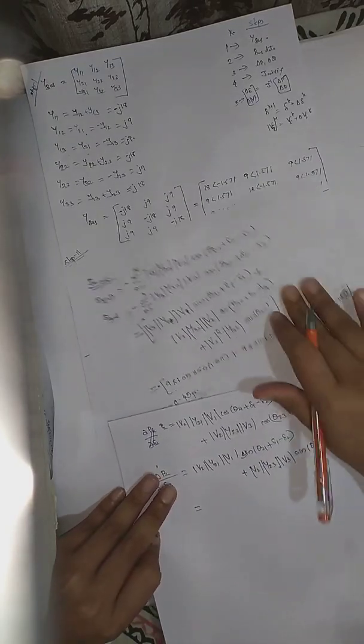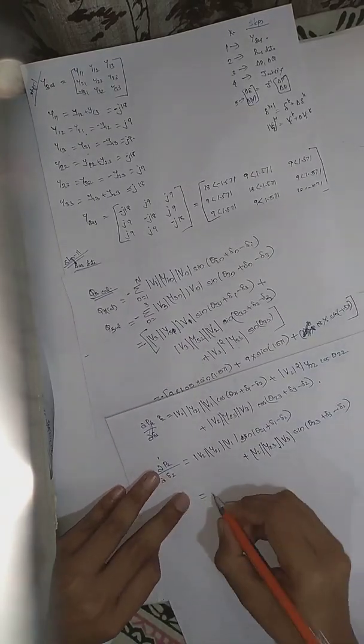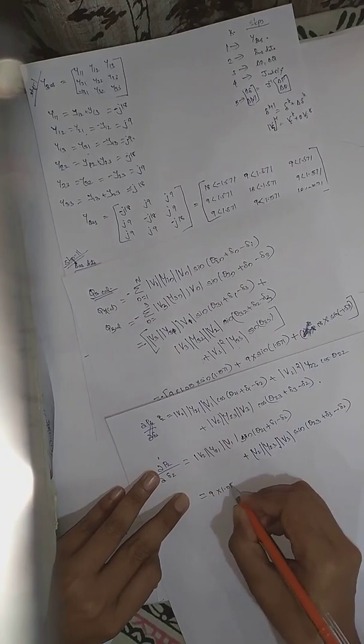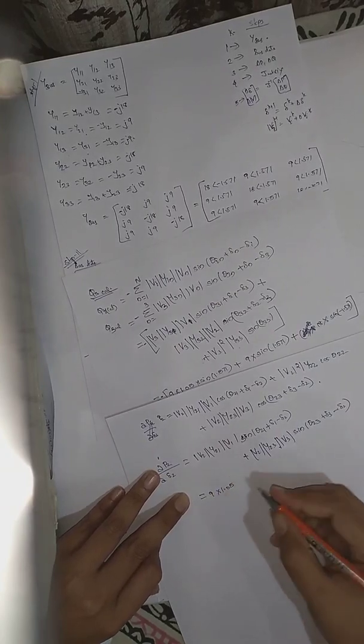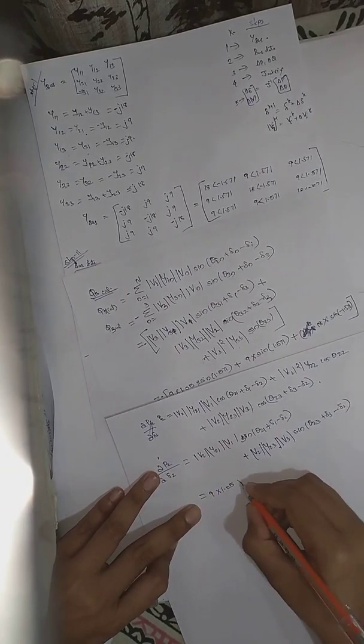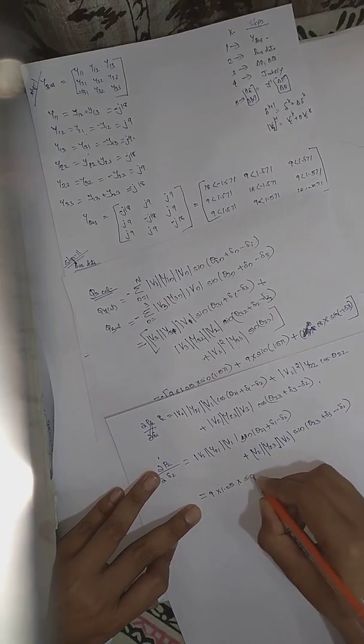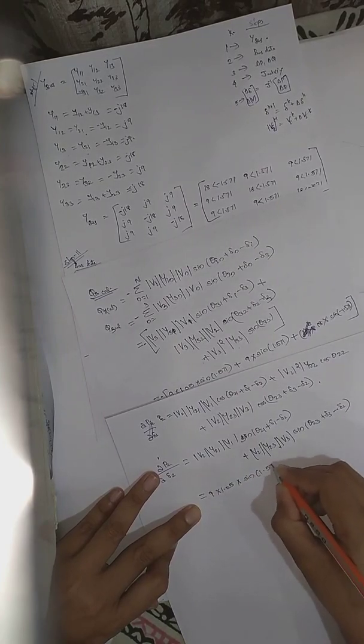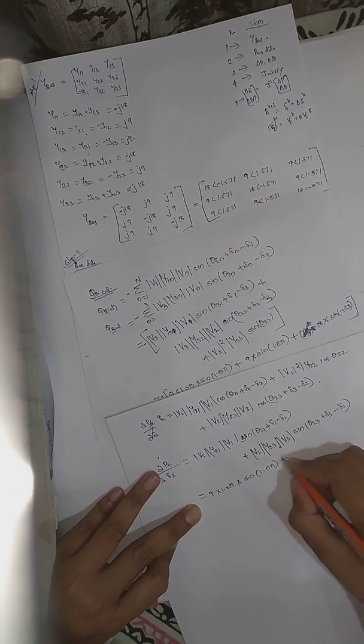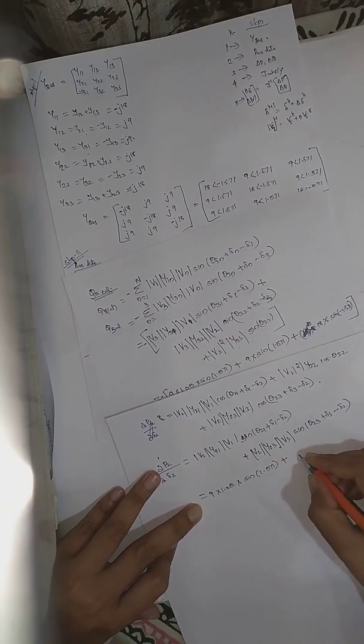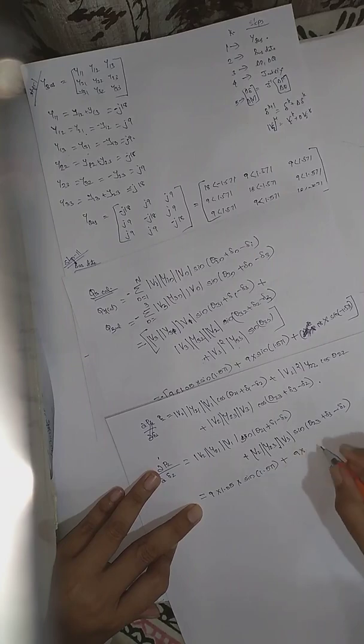V2 value will be equal to 1 only. And what is Y21? I am taking Y21 as 9 into 1.05 into sin of 1.571, plus V2 value of 1, into 9 into V3 value of 1, into sin theta 23, which is 1.571.